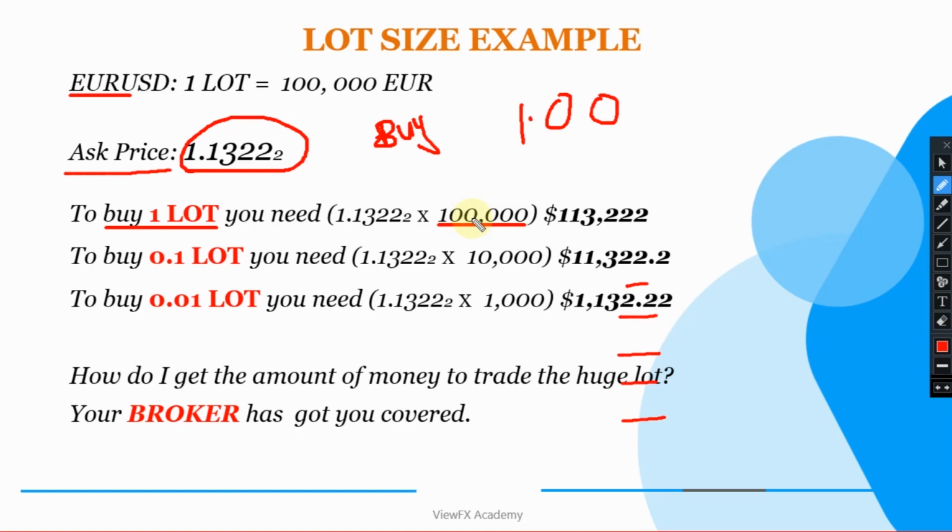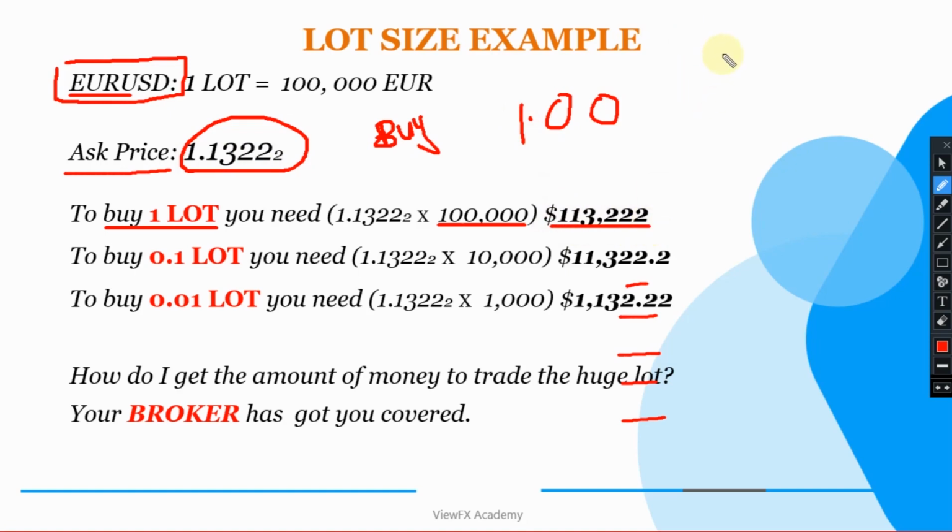Let's start again. One lot is 100,000 units of euro, and you come into your trading app, you see that euro USD is at this price and you want to buy. When you place a buy using standard lot, this is how much you're using at that particular time.